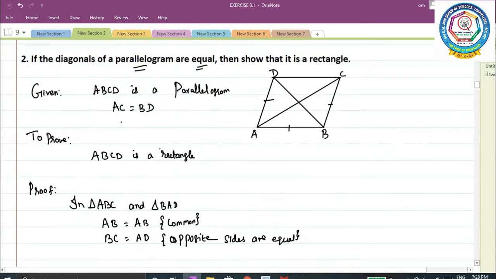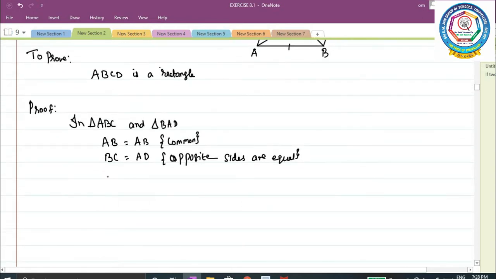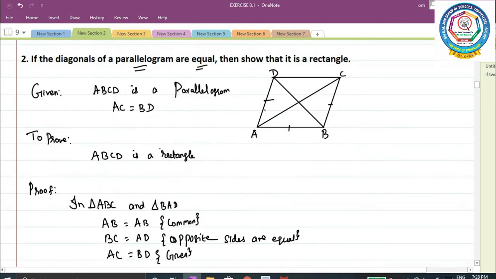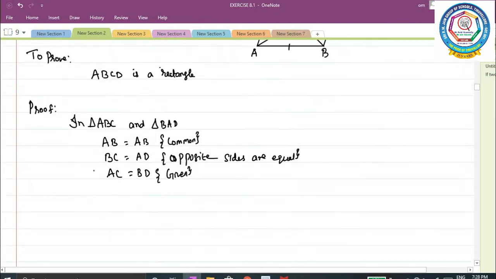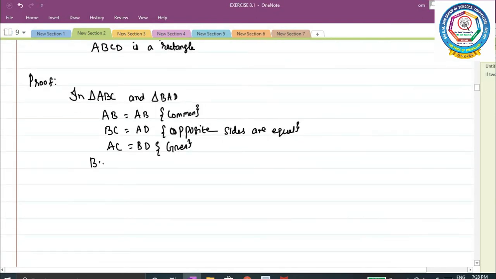Next, what is given? Diagonal AC is equal to BD. Therefore AC is equal to BD. It is given. So what congruence is coming? By SSS congruence.